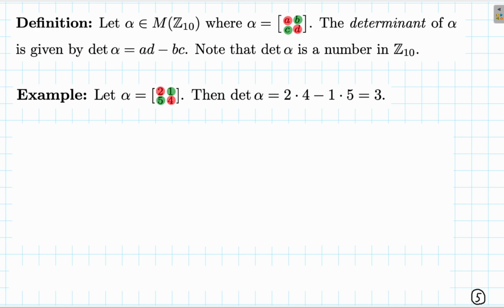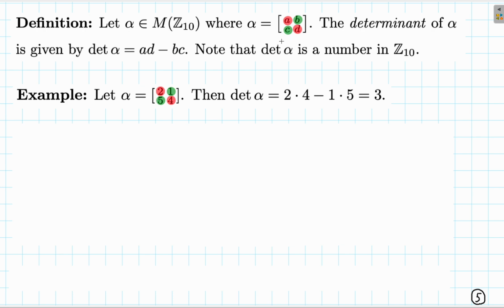Now, let's talk about the notion of a determinant, which is a number that's associated with each 2 by 2 matrix. So here's a definition. We'll let alpha be an element of M of Z10. And let's be more concrete and say that alpha looks like A, B, C, D. So those are the 4 entries of alpha.